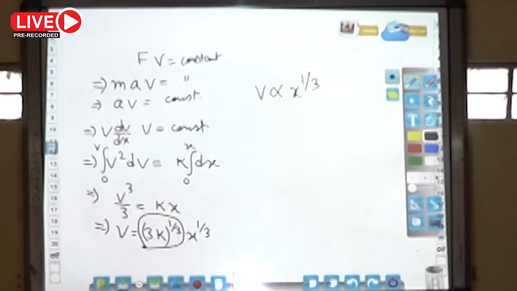So don't include t in the calculation, because if you include t, write a equal to dv by dt, then again t has to be eliminated. So that's why I eliminate t from the beginning and write acceleration in the form of v dv by dx. Because if t comes, then finally you have to eliminate t.